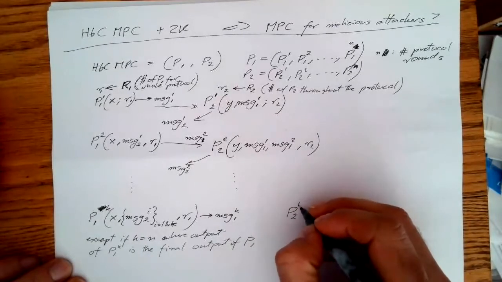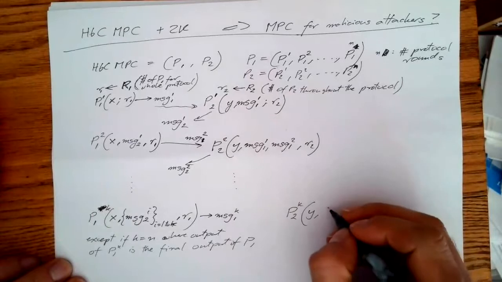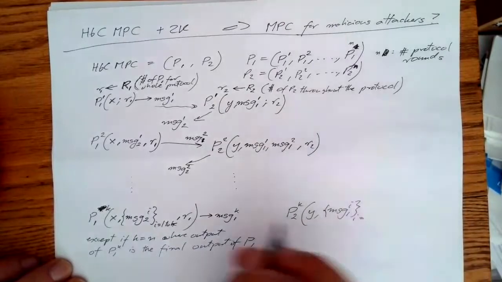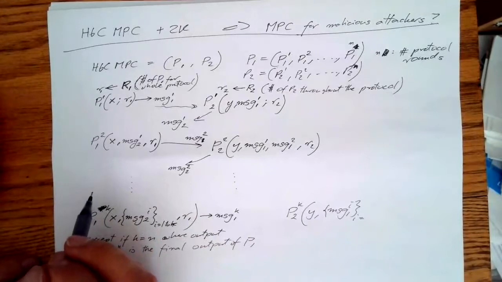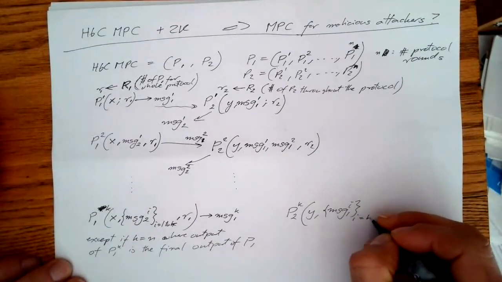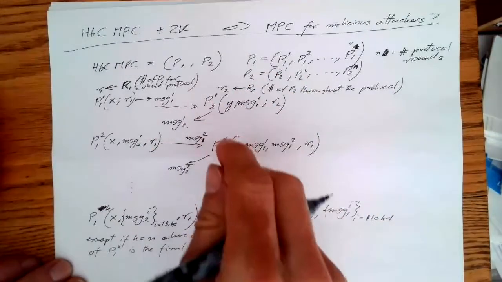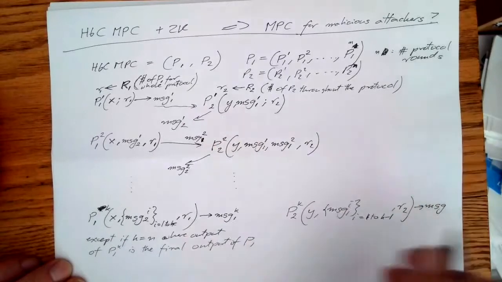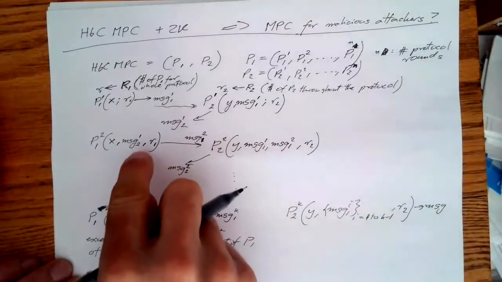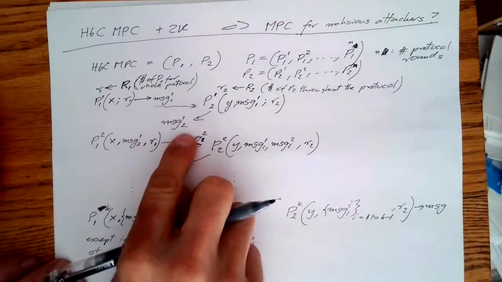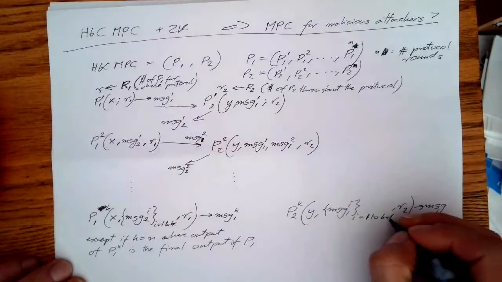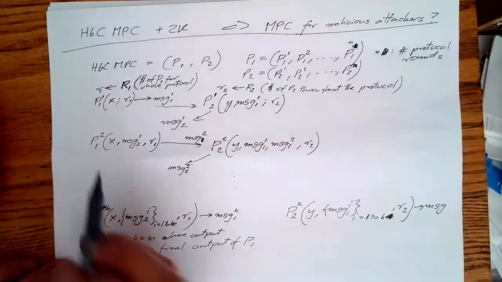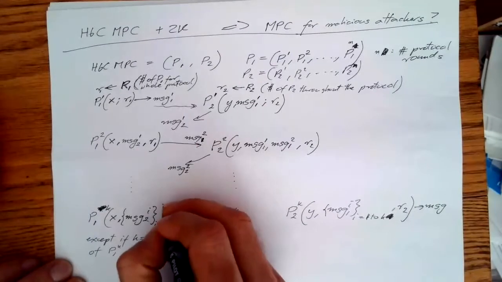So P2 in round K, on input Y, the messages it has received so far, which goes from 1 to K minus 1 for P2, and his randomness, generates this.